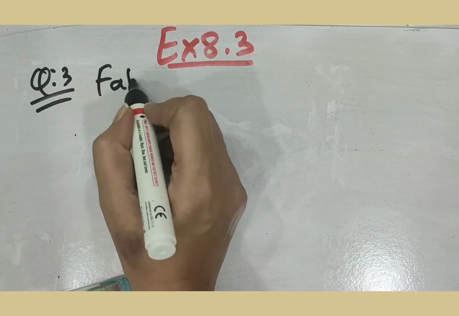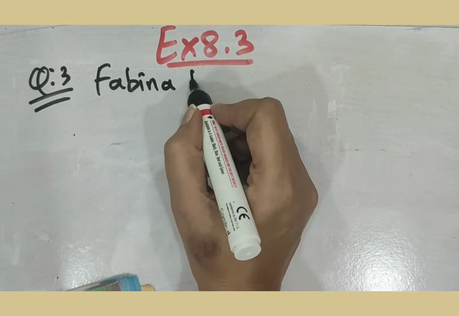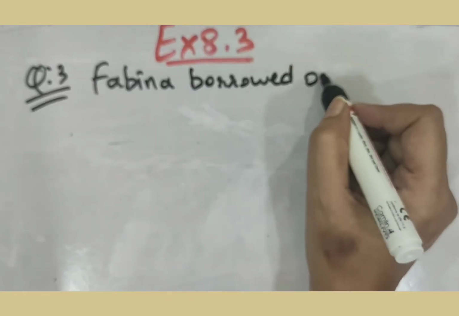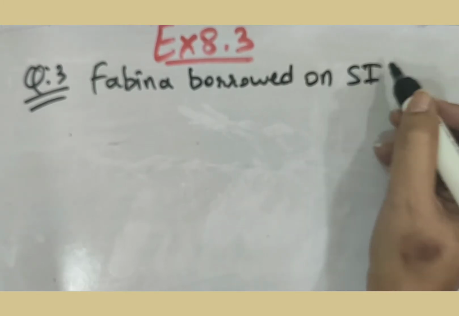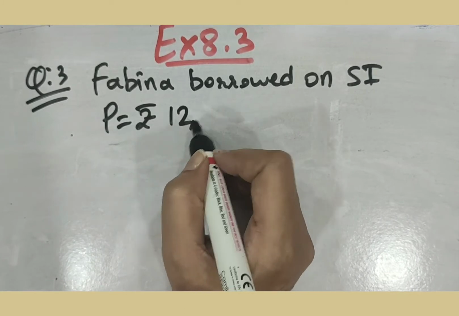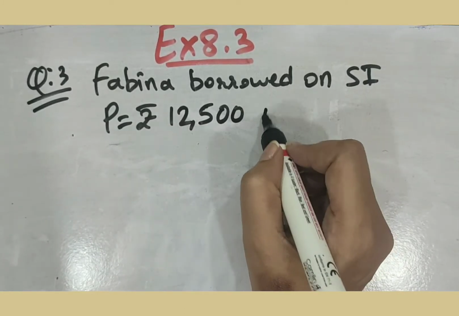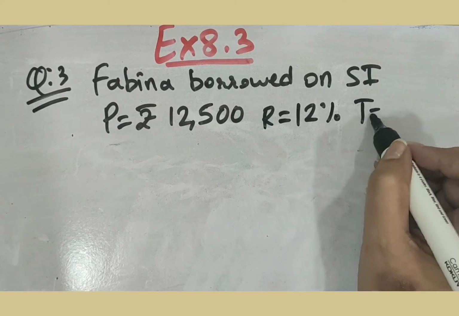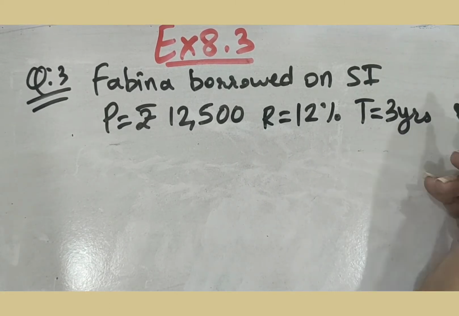So Fabina borrowed on simple interest. For her, principal is rupees 12,500, rate is 12% and time is 3 years.